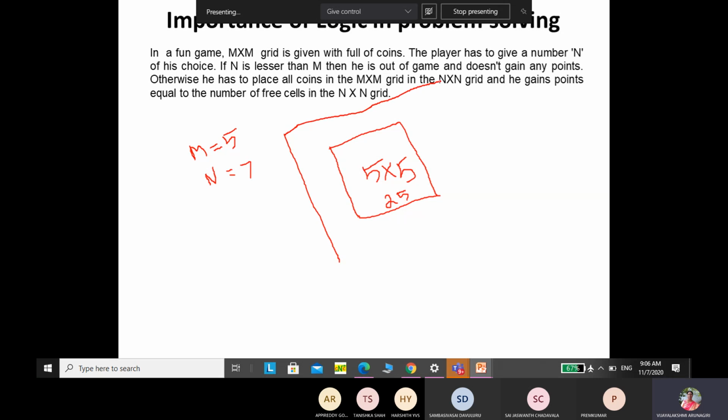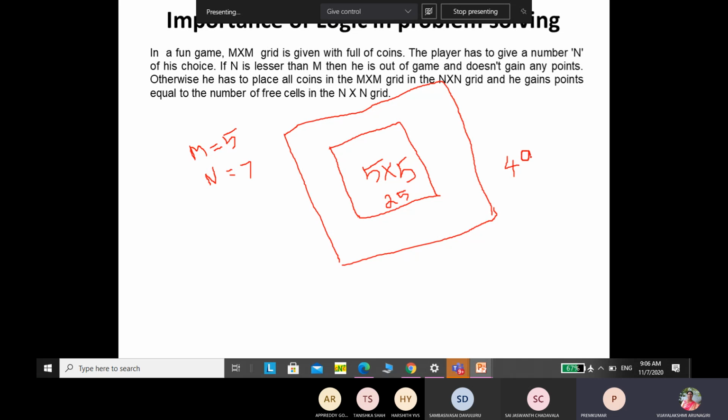On the m cross m grid, I have placed a 7 cross 7 grid. 7 cross 7 grid means how many cells I'll get? 49, right? And how many coins I filled with m cross m? 25.